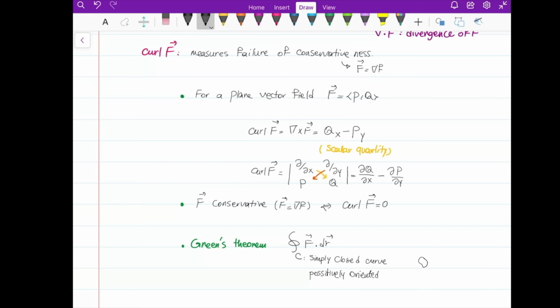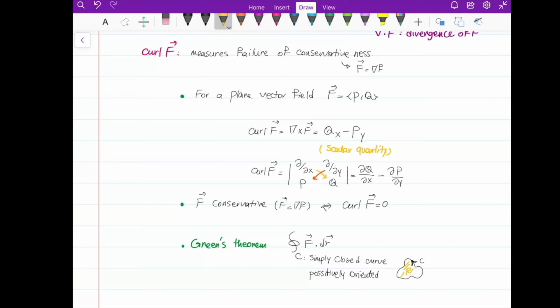Positively oriented means that if we have this closed curve, the direction of it is counterclockwise, such that if you walk along C in that direction, then the region that is enclosed by C is on your left.